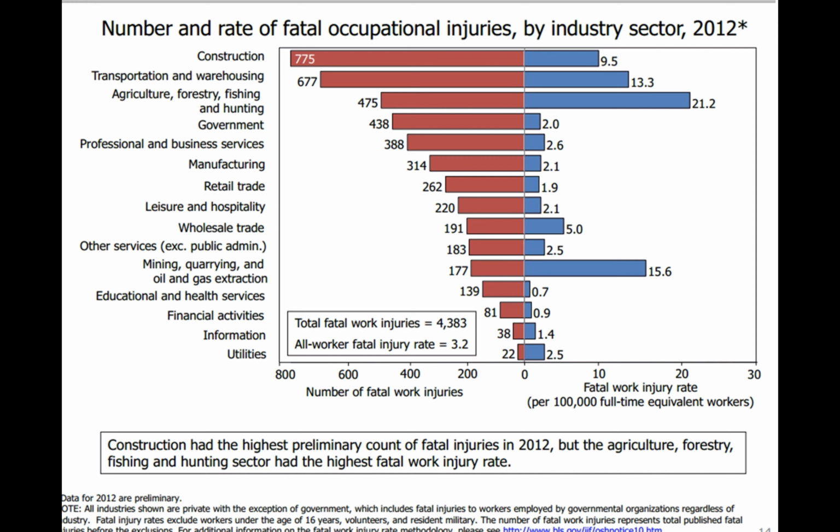So this is probably one year behind the most current, but you can see where construction ranks, and it's got a reputation for being dangerous because of statistics like this. It's much better now than it has been in the past, but there's still a lot of work to do to emphasize safety. Right?